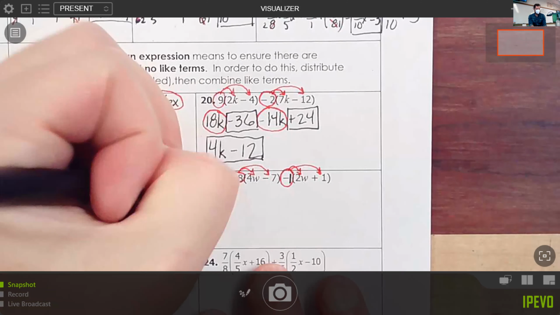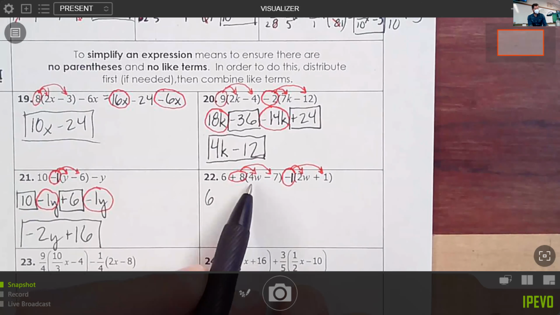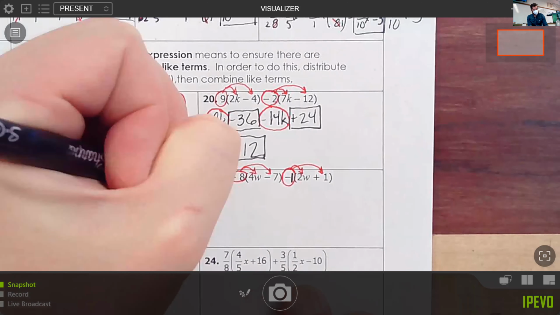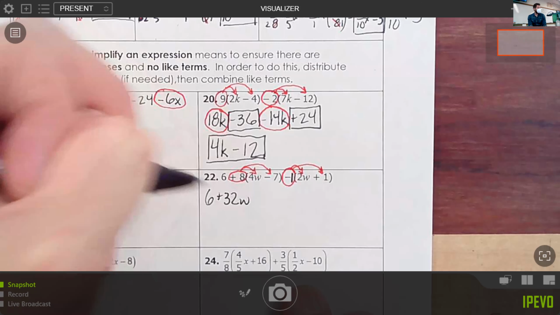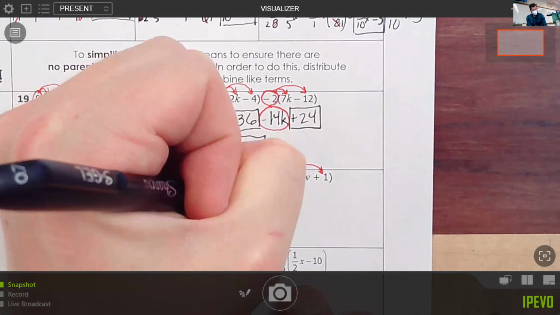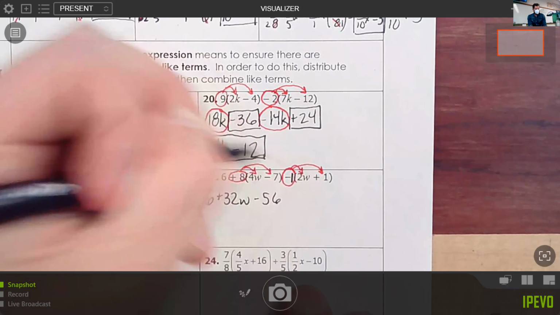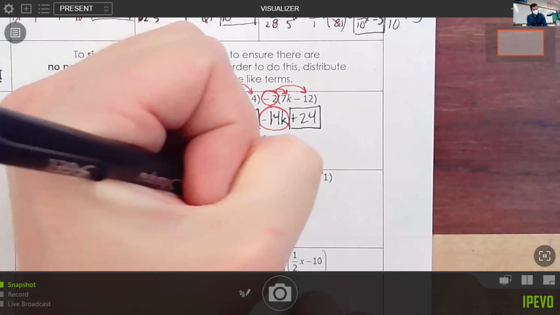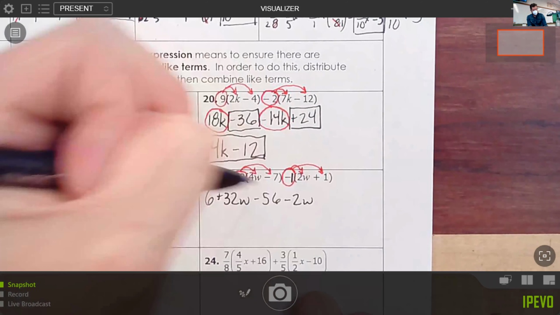So 6, 8 times 4w. 8 times 4 is 32, so plus 32w. 8 times negative 7 is going to be minus 56. Negative 1 times 2w will be a minus 2w. And then negative 1 times 1 will be a minus 1.